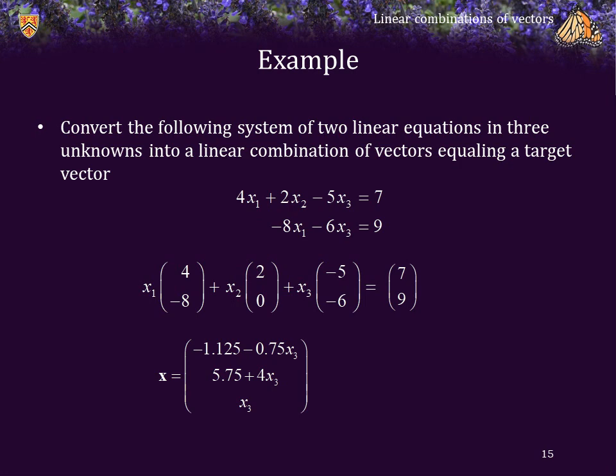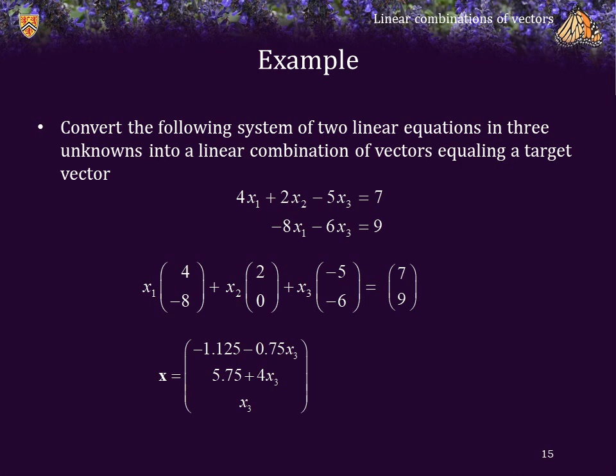So for example, if x3 was given the value 0, then we would simply have the vector -1.125, 5.750. If it was any other value, we would substitute the value of x3 into the first two to get a solution.